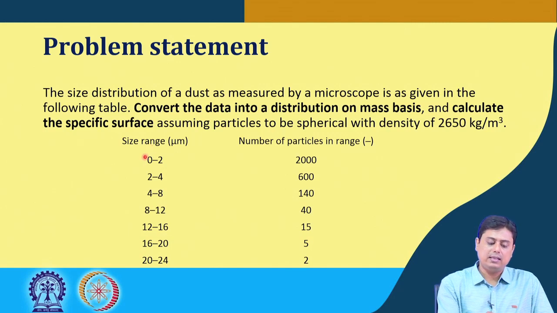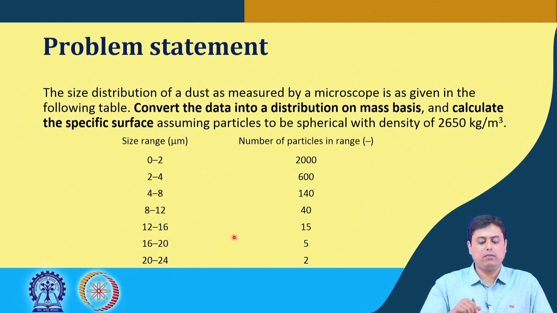So the size range from 0 to 24 micron, we have this summation of all this right hand side number. So this is the total number that we have got from the sample, and this is the size range in which we have determined by the size measurement techniques that we have already also discussed.